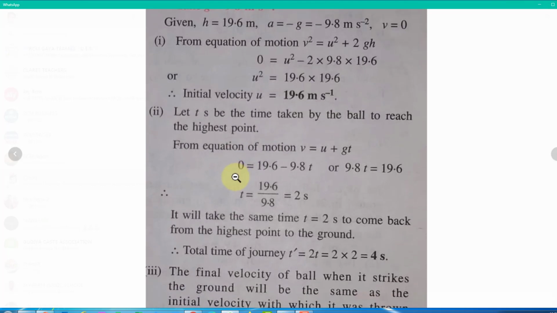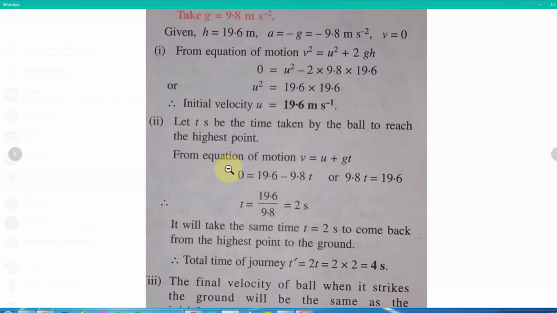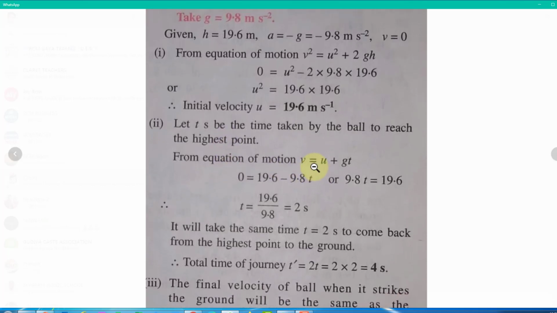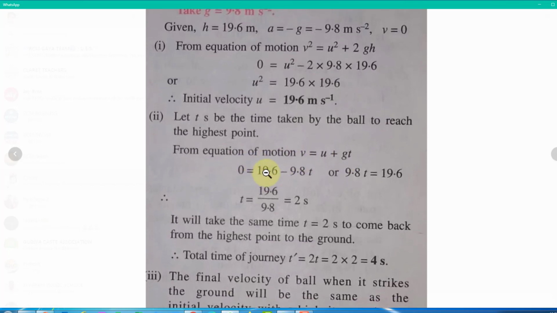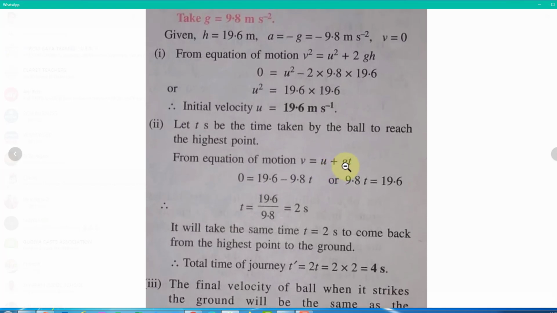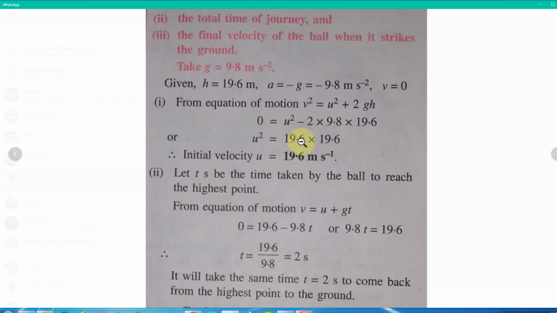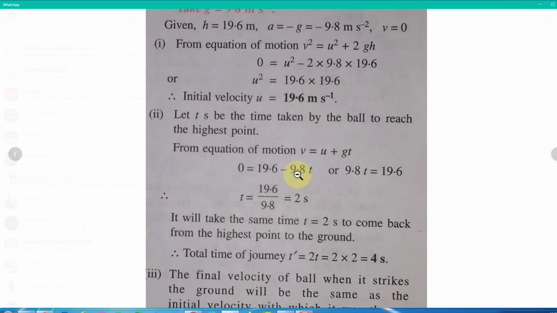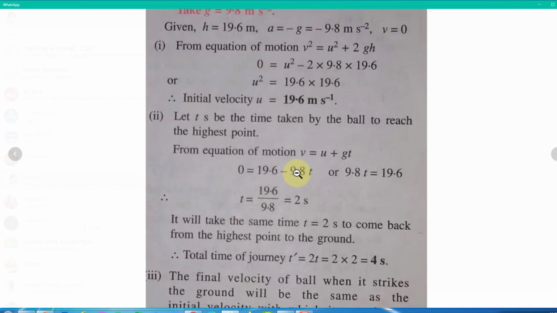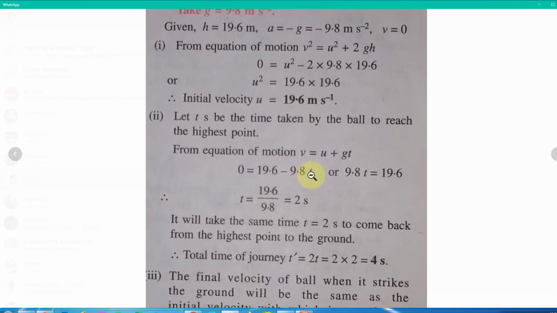So from the first equation of motion, v is equal to u plus gt. v final velocity, u initial velocity plus gt. u we calculated, 19.6, minus g, once again minus g, because the body is going up away from earth, so minus 9.8 into time t.